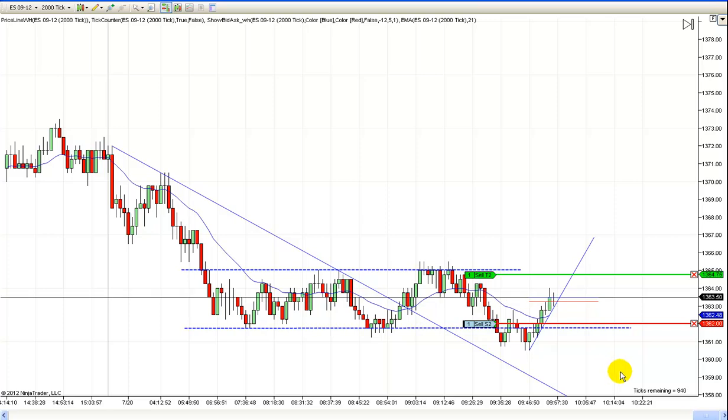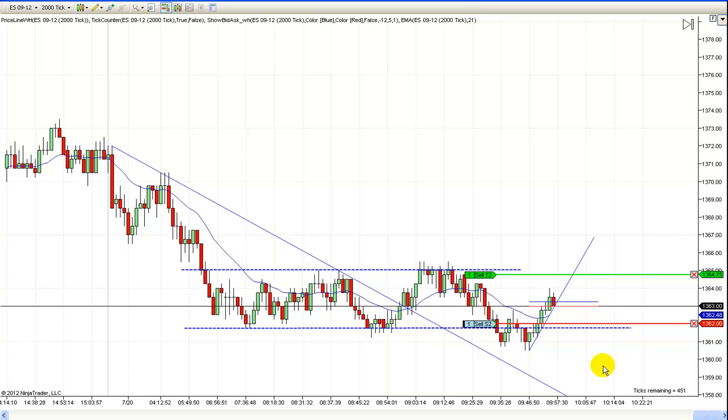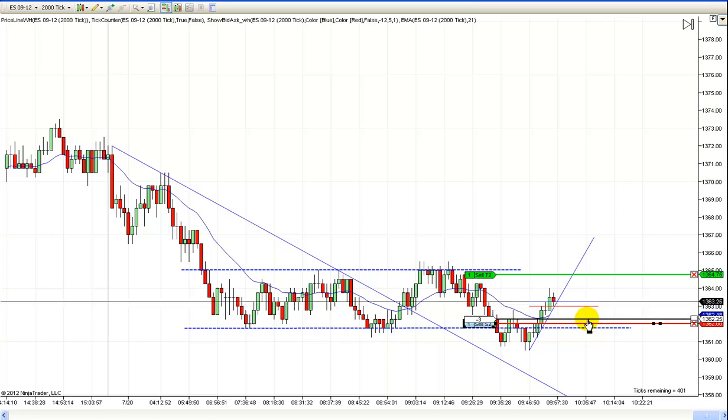Let's see if we can shoot up again now. I'm going to go ahead and move this trade to break even plus one because I don't want to give a tick back, because there's strong odds that we're coming back to test this low again. So now we just let it go.